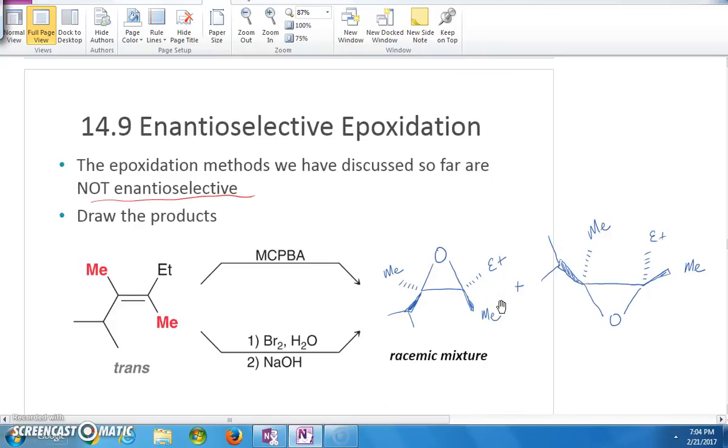Now, let's look at enantioselective epoxidation. The epoxidation methods we have discussed so far are not enantioselective. That's because you get a racemic mixture, whether you use MCPBA or you use a halohydrin in the presence of a base.